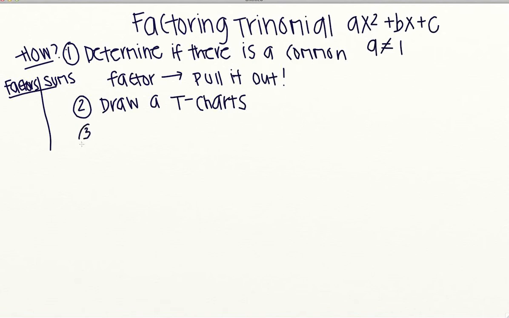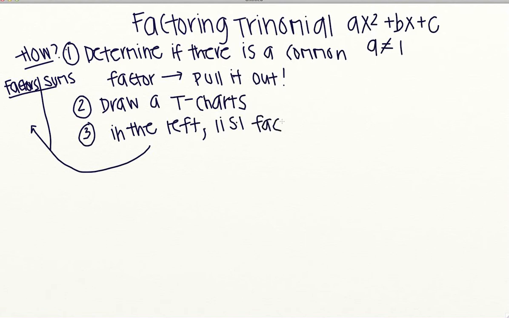So step number 3 is in the left column, which is, let me draw an arrow, this one, you're going to list the factors of your coefficient A times your coefficient C. So you're going to list the factors of A times C. And step number 4 is in the right column, you're going to add them up.